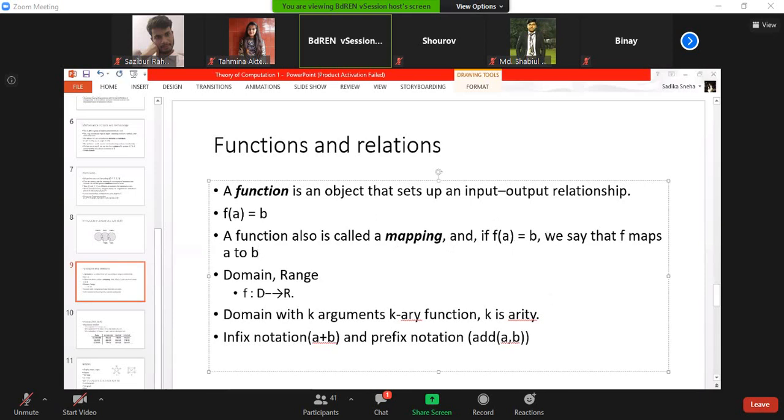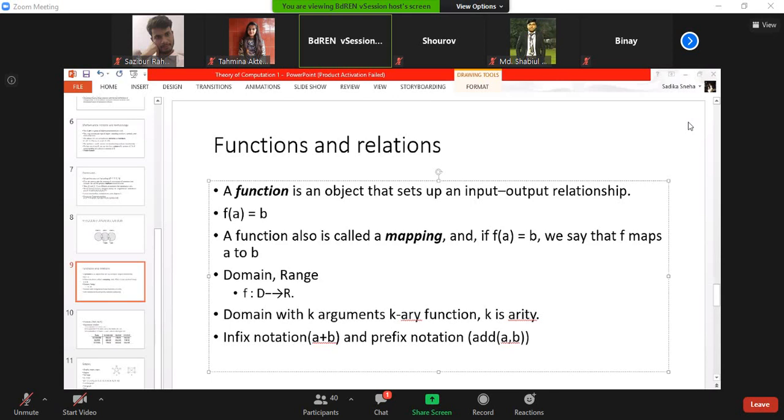All possible inputs in a function are known as the domain, and all possible outputs of a function are known as the range.